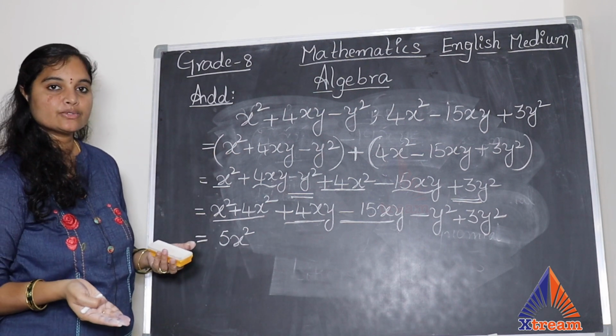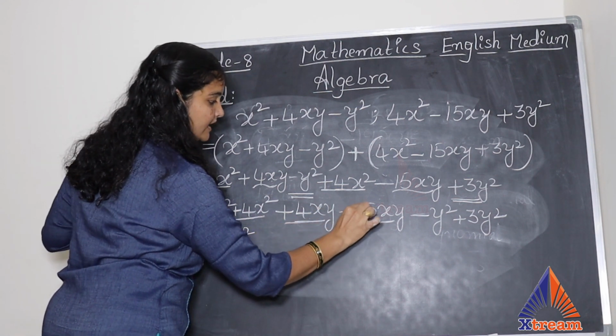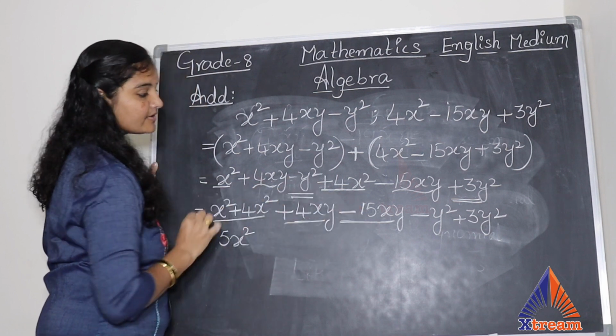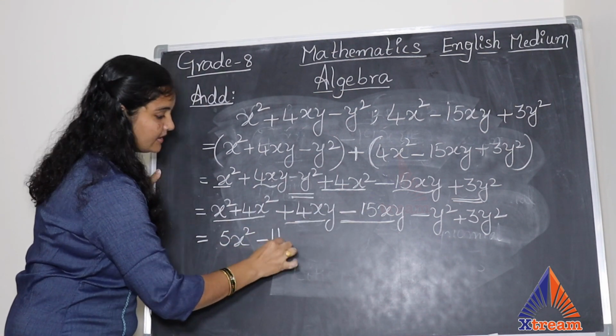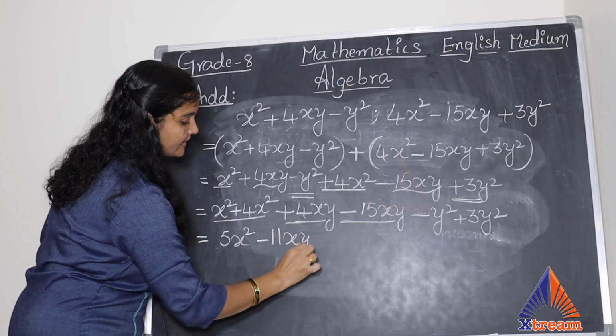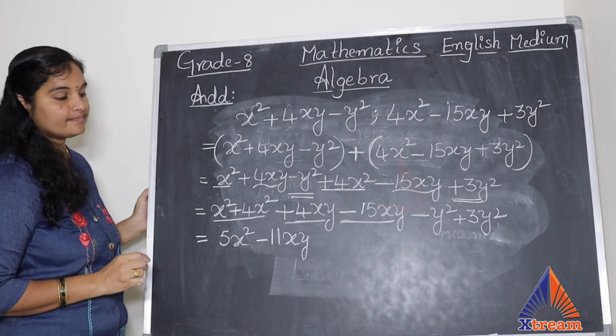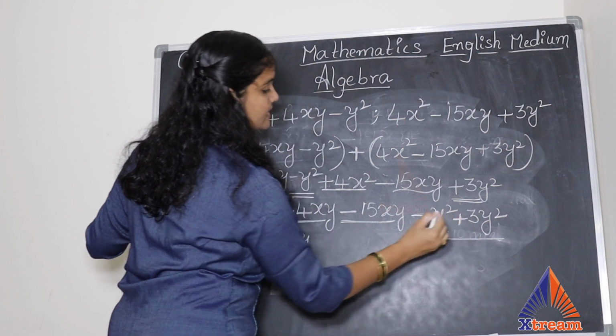So how many pencils do you have? 11 pencils with you. Now in these both, 15 is greater, and it has a negative sign before it. So we have minus 11xy. We considered xy as pencils, right? So 11xy is remaining.